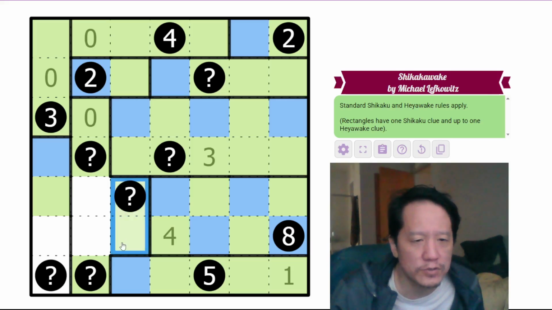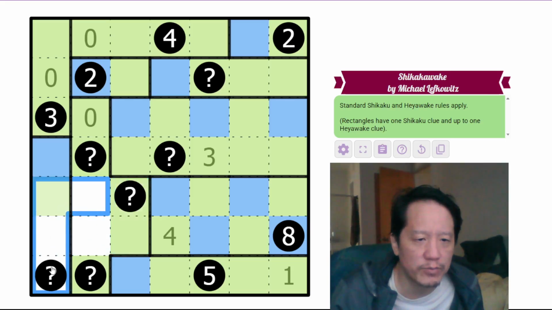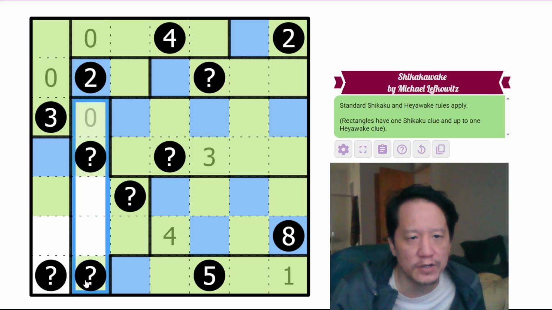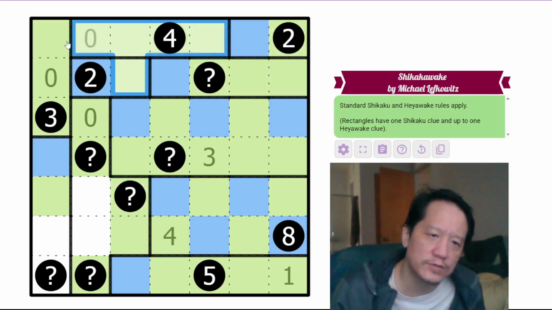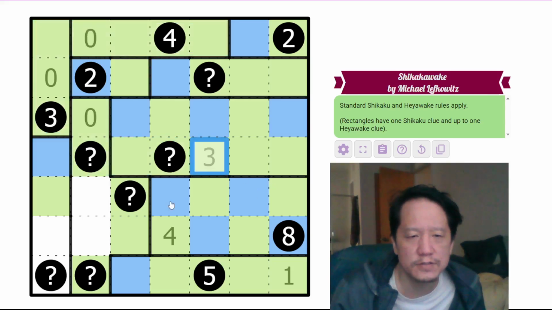So say this was only 2 in length. I guess that could be blue then green, right? This can't be the full 4 because then you'd have... Actually, it could be the full 4. We have a blue here now, right? So this is orthogonally connected. This is orthogonally connected. So is this.